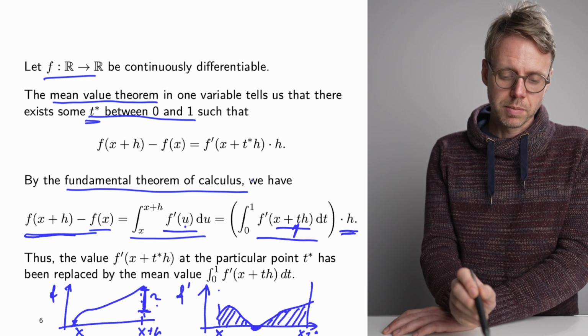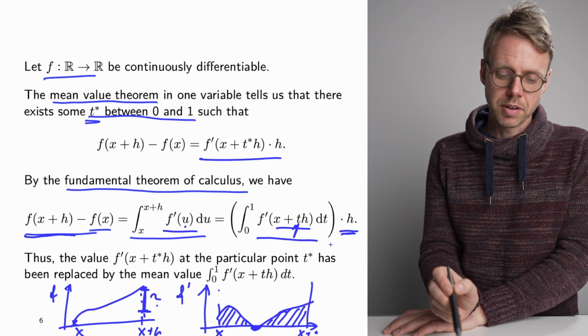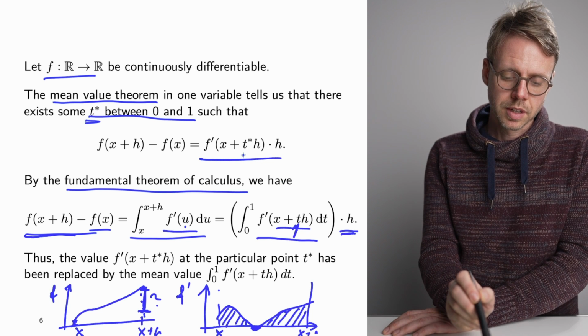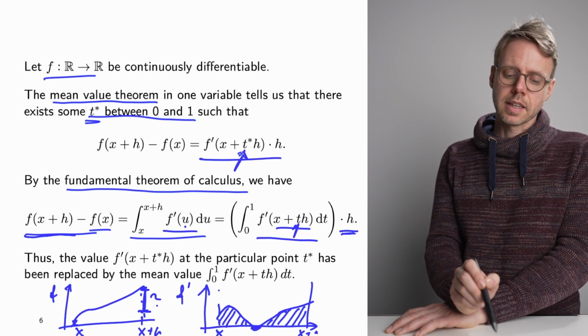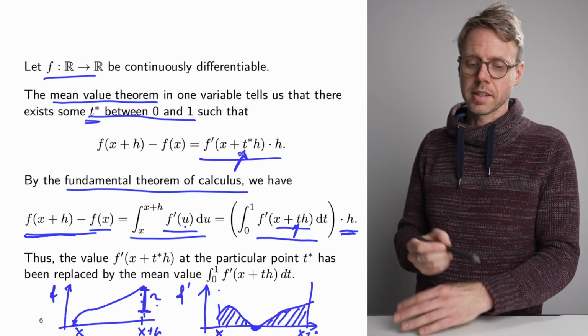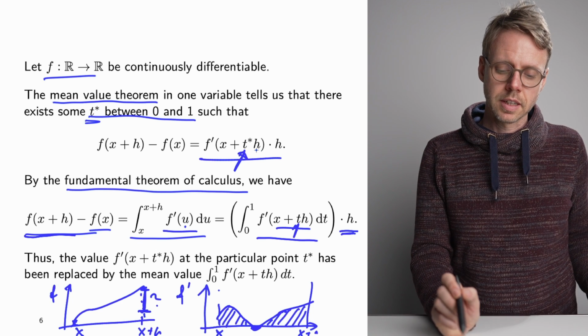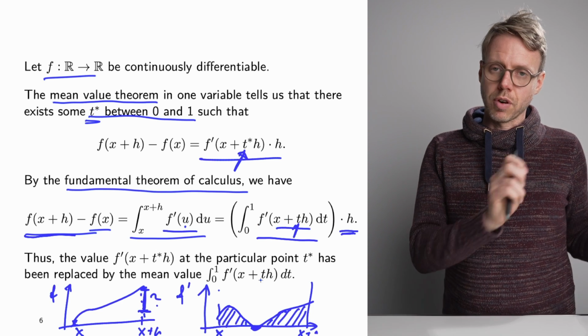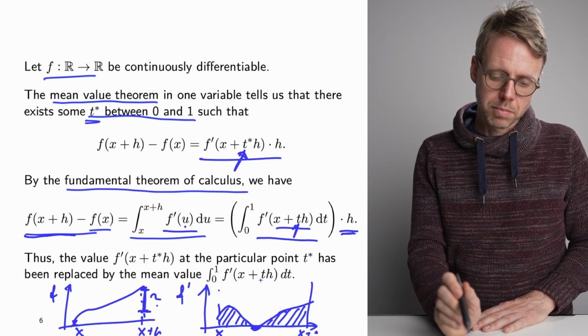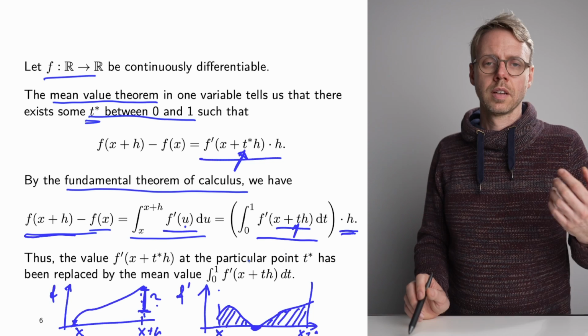So this looks very similar to the mean value theorem, but instead of saying that there exists some scalar t star between x and x plus h, we integrate from x to x plus h.